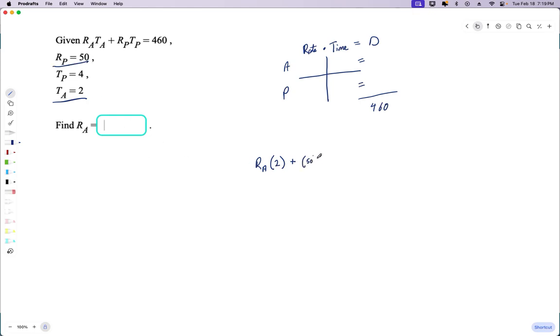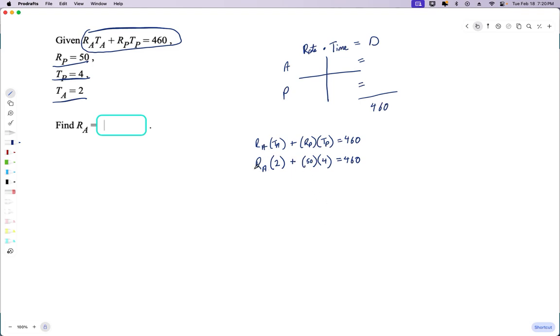So 50, and then it tells us TP is 4. So that's times 4. And I'm getting all of that from this right here, right? That's RA times TA plus RP times TP, and that equals 460.